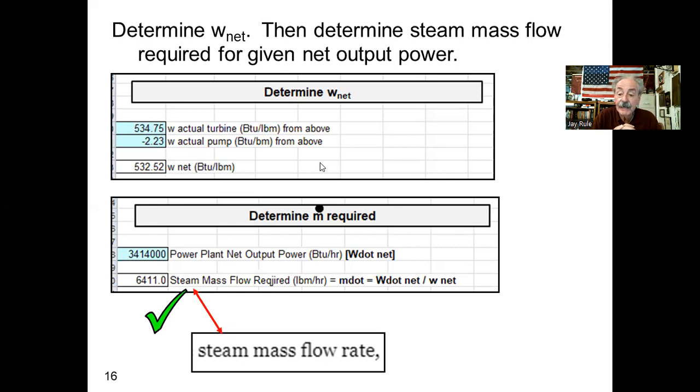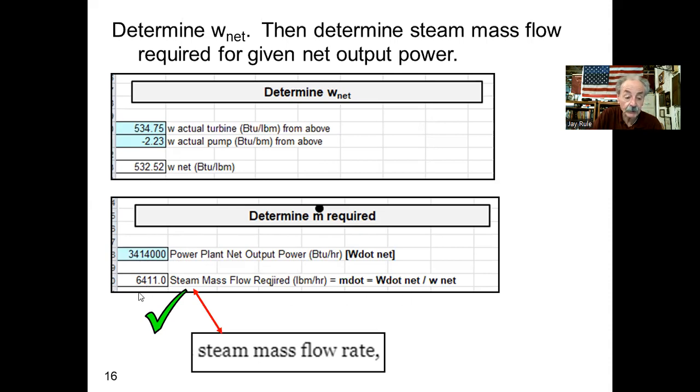Now we can determine the mass flow rate because W dot net was given. Here it is, all the way back when we started, 8 minutes into this. It looks like 3.4 million BTUs per hour divided by W net.